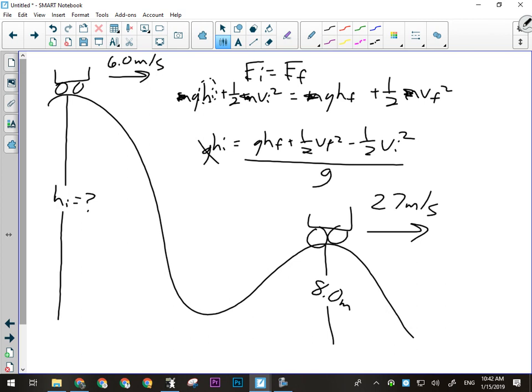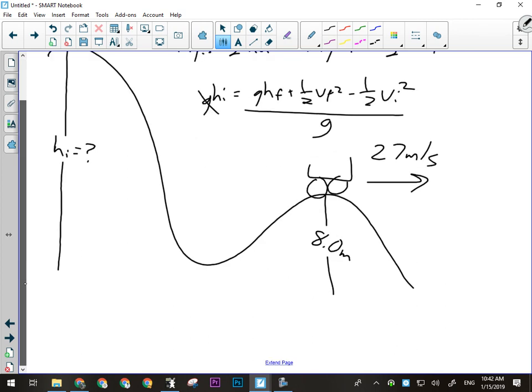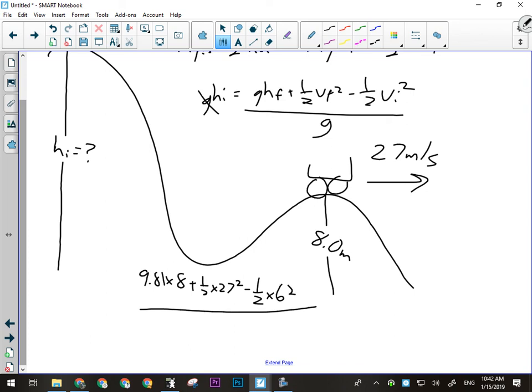So when I plug in my numbers, I'll have 9.81 times 8 plus 1/2 times 27 squared minus 1/2 times 6 squared, divided by 9.81.